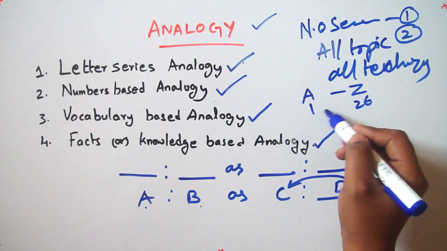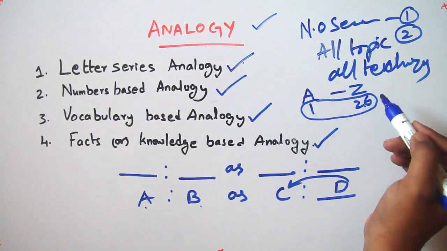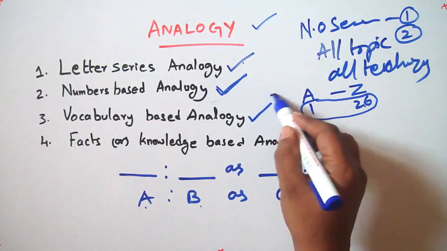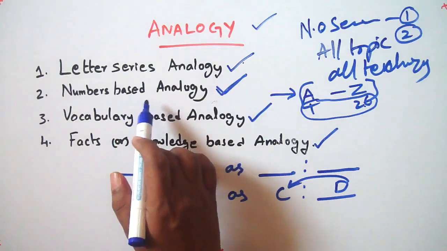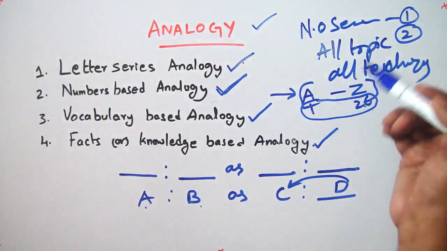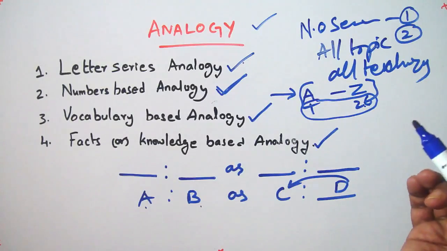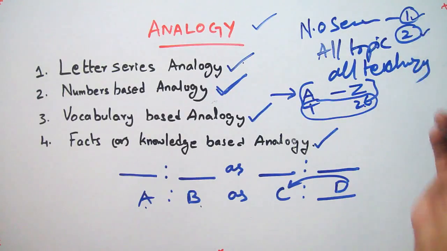We consider it in the form of numbers, and all the number series techniques are applied on these alphabets. If you want to know all the methods and techniques of number series, please go to our channel and watch the videos of number series lecture 1 and lecture 2.